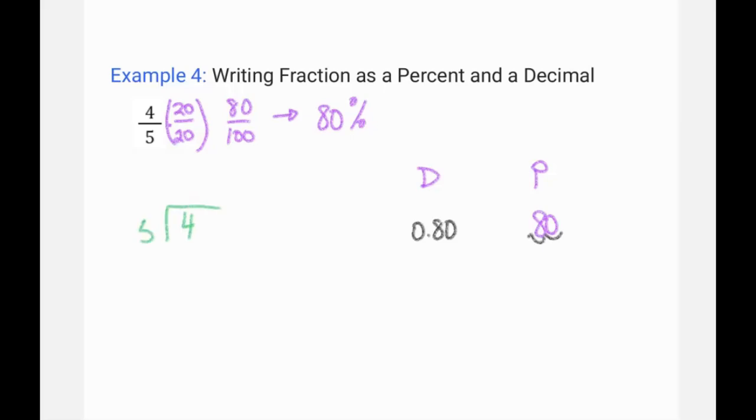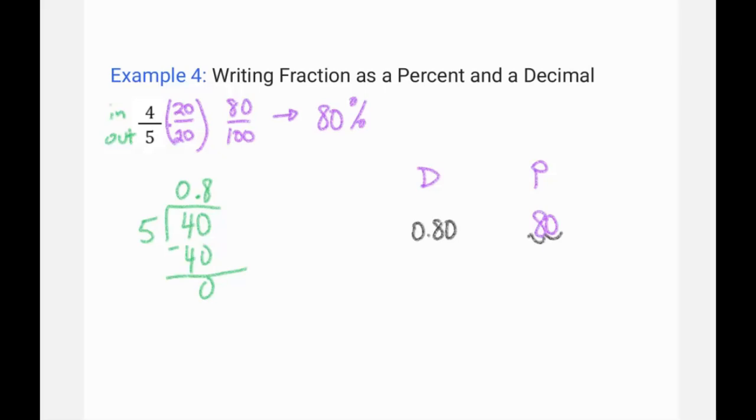With 4 and 5, remember 4 is on the inside and 5 is on the outside. So 5 goes into 4, cannot, so I put a 0 and I introduce the decimal point. Once I introduce the decimal point, the 0 is introduced as well. 5 goes into 40 evenly by 8, so 0.8 becomes my decimal.